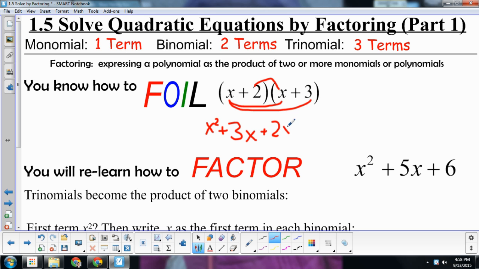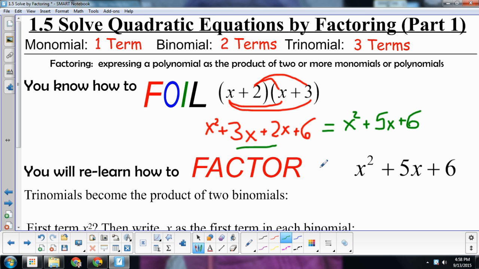And then L for last, we take the last terms and multiply them together. 2 times 3 is 6. When I'm done, I add the like terms in the middle together, and my final expression is x squared plus 5x plus 6.